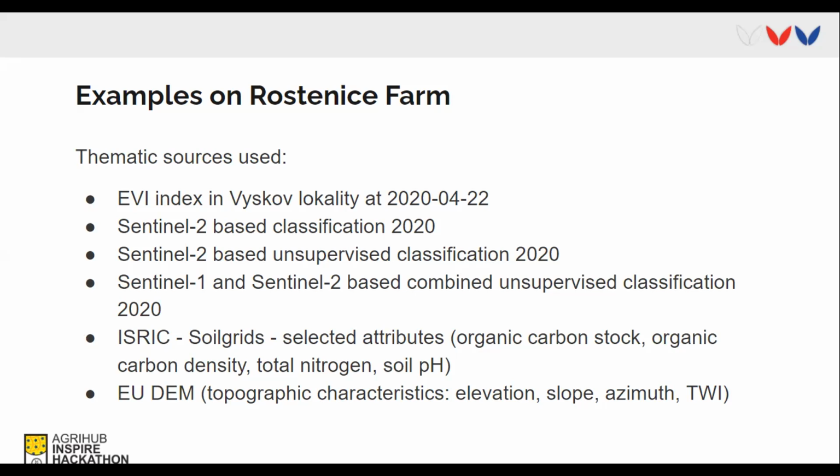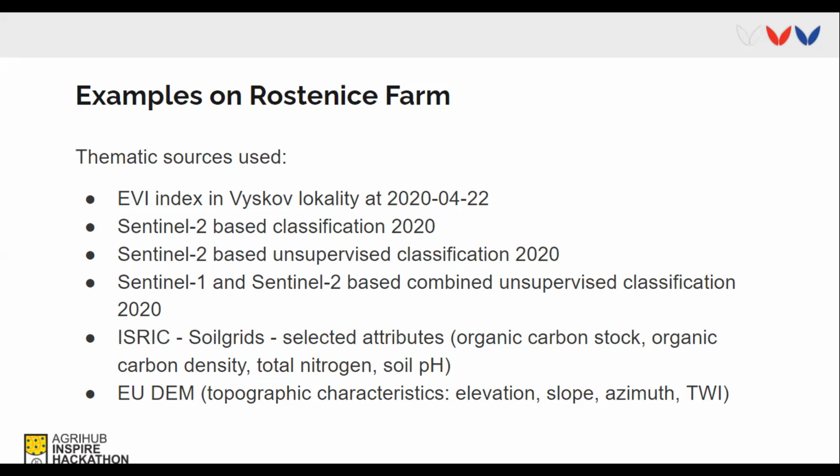The EVI index is useful in the sense that it helps to estimate yield potential and the health of the vegetation. So this is something that we use for internal purposes, basically to divide the fields into zones.